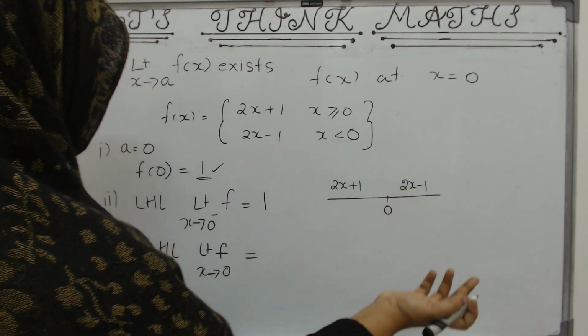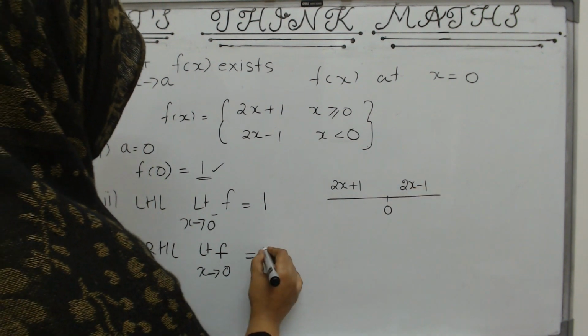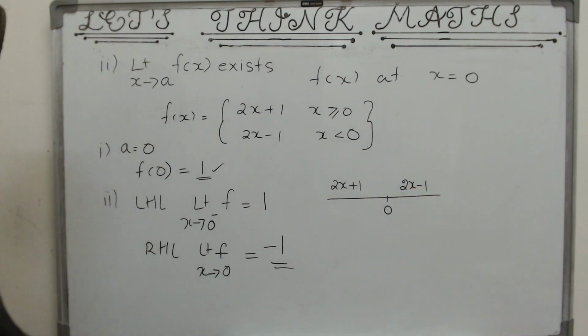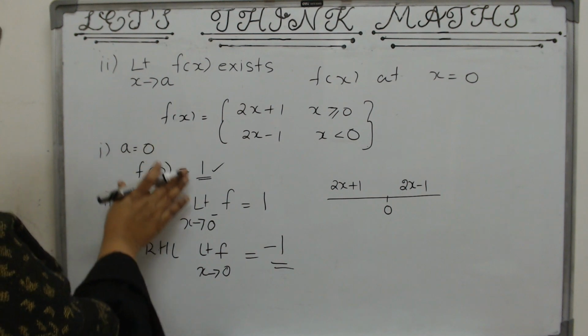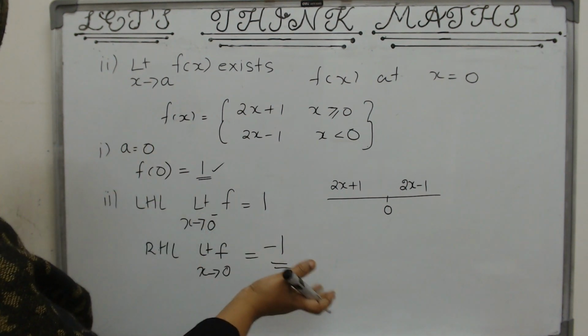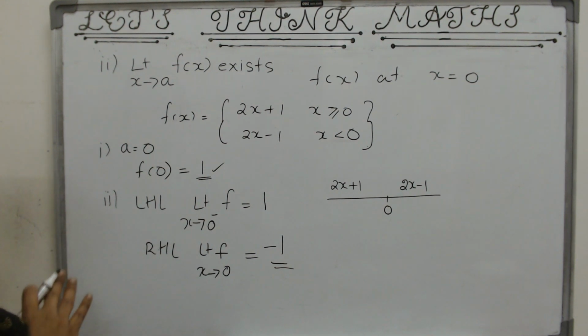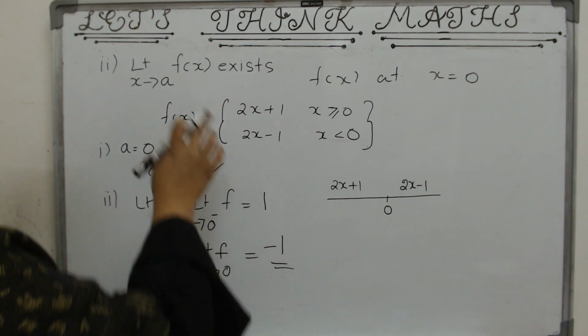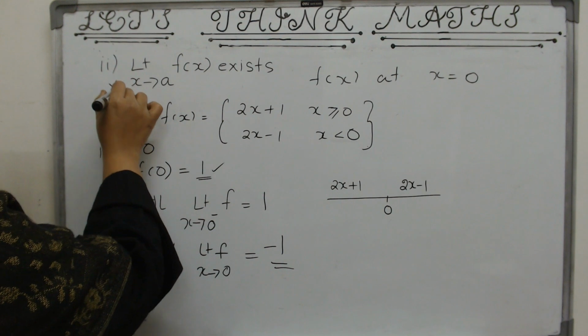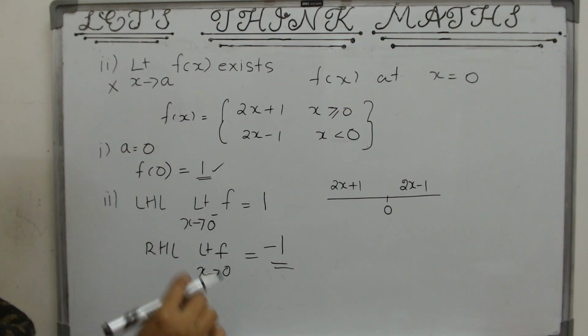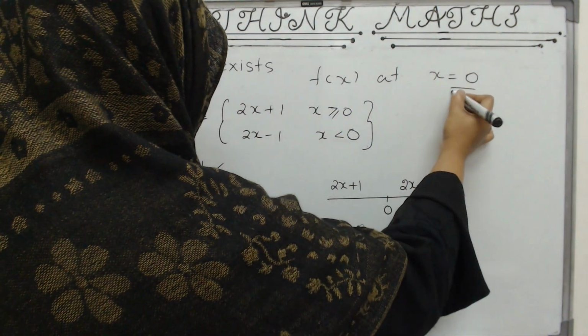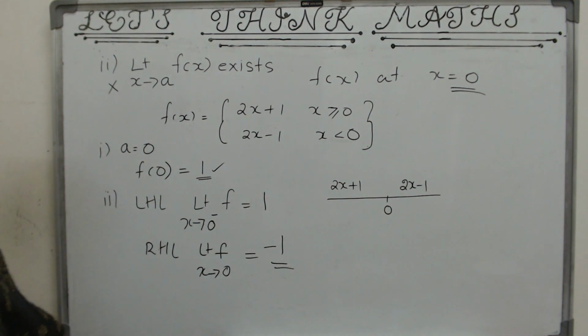Here if you put 0, what do you have? 2 into 0 minus 1 is minus 1. So f(0) exists, the first condition is good, but for the second condition, the left hand limit and the right hand limit are not the same. That means the limit does not exist. That means at the point 0, your f is not continuous.